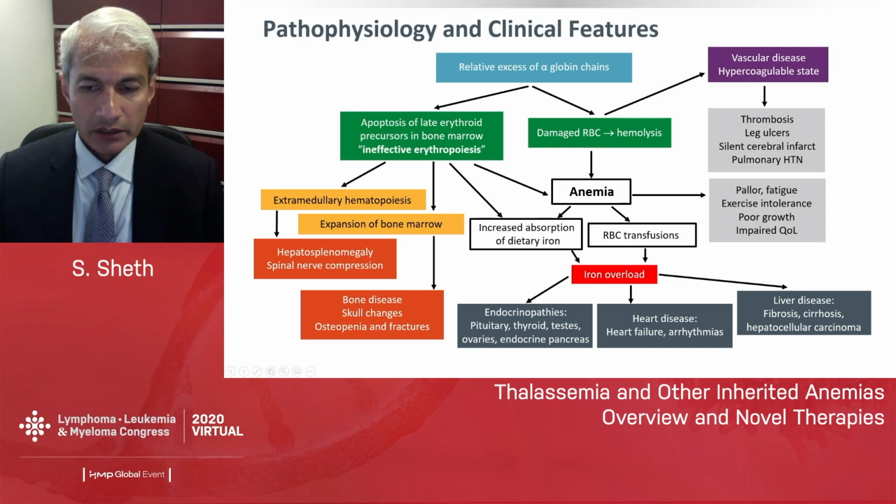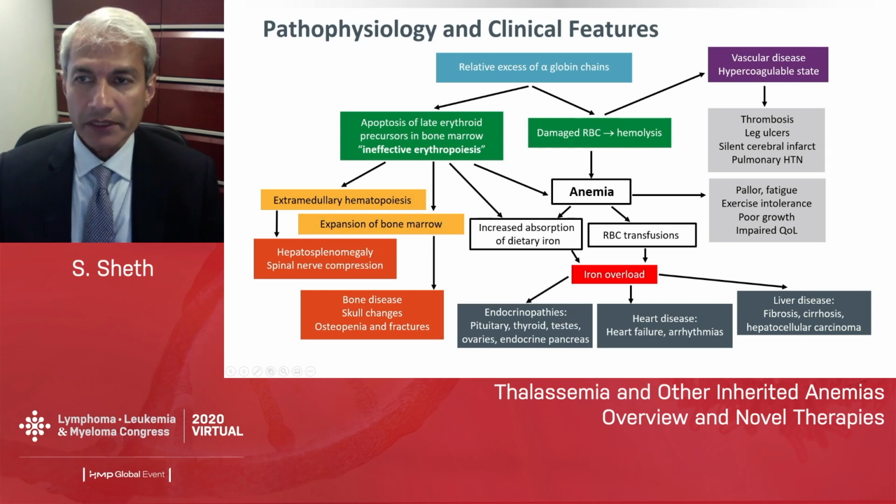It can affect the heart, affecting both contractile function as well as electrical function, so heart failure or arrhythmias may result. And it can deposit in the endocrine organs, including the pituitary, thyroid, testes, ovaries, and endocrine pancreas, all of which can result in complications from the iron overload itself.